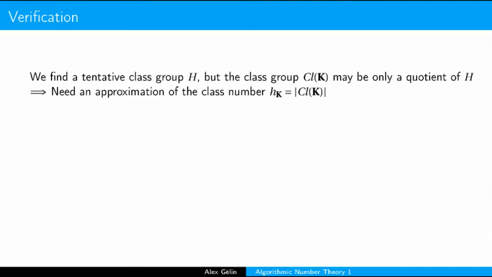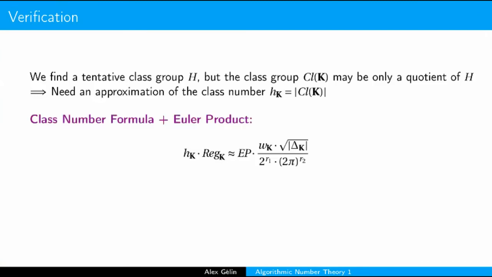And then the class group may be only a quotient of your candidate. Okay, but how can I manage to find the class group? I need an approximation of the class number. If I know an approximation of the size of my group, then I will check if it's a good one or not. Is there such a formula? Yes, the class number formula.